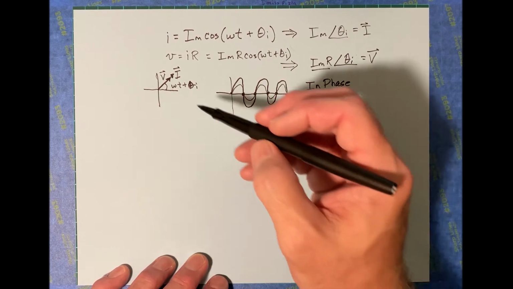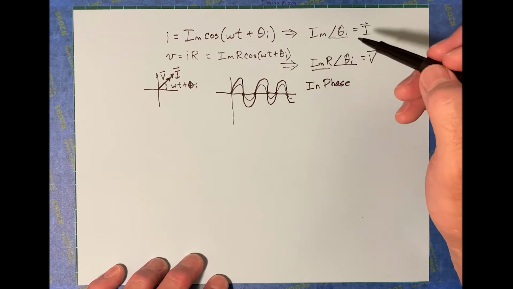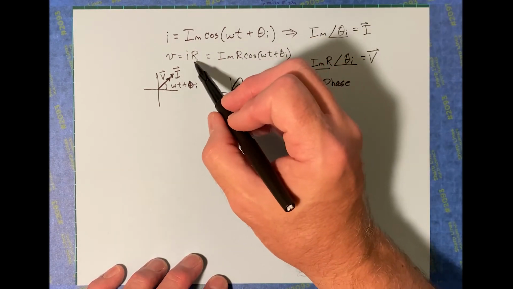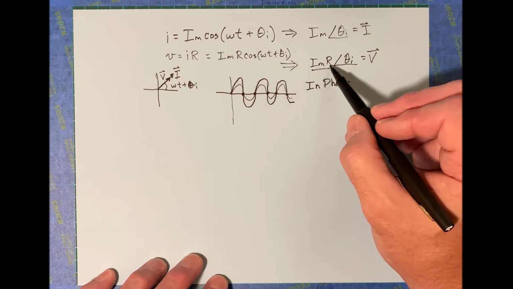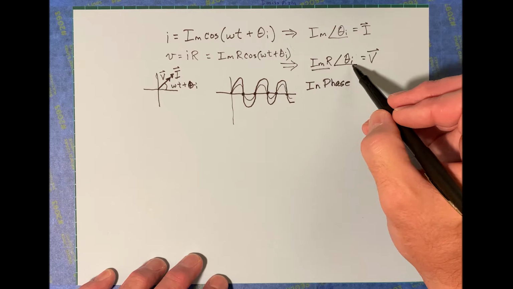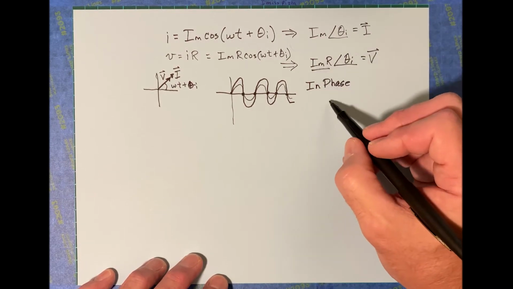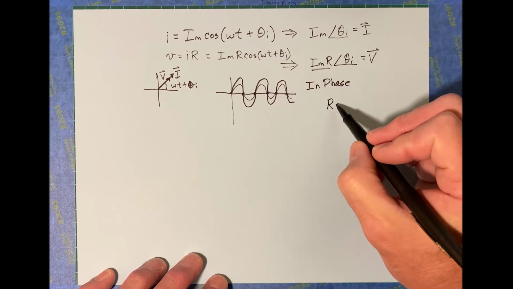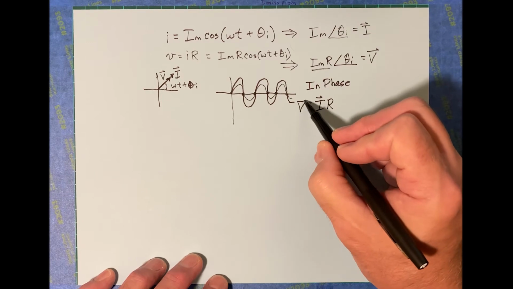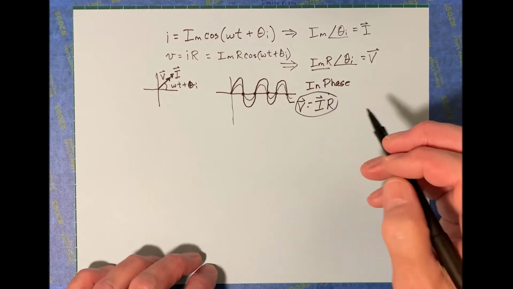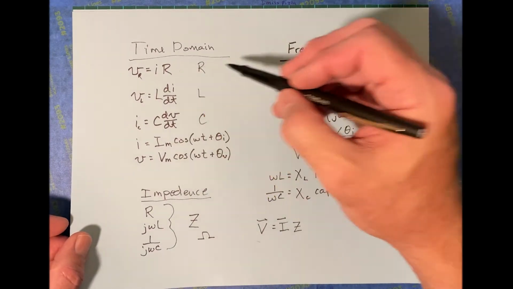So you can see that v equals i times R is really the same thing as I sub m times R angle theta sub I, so we could write this as R times phasor I, and that's what is equal to phasor V. So that's where that relationship came from that you saw back here for the resistor.